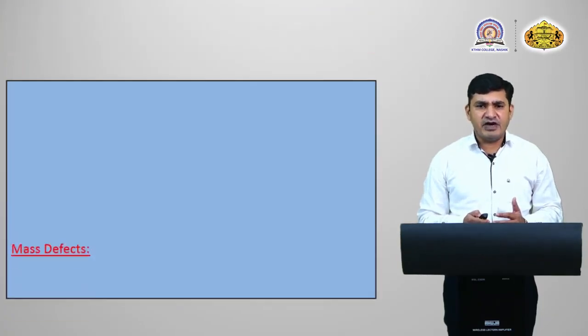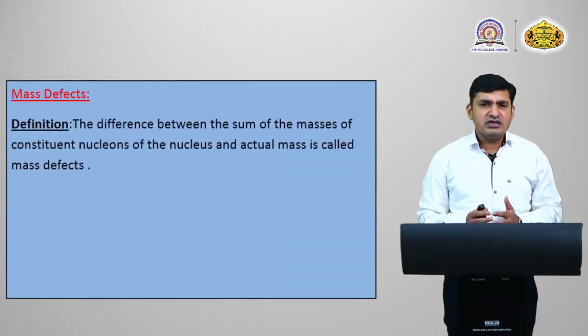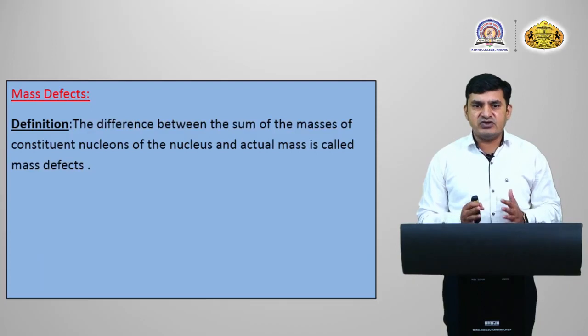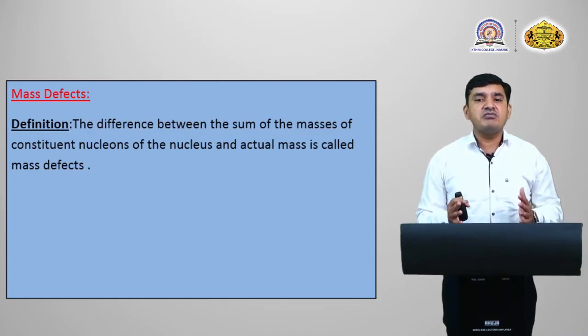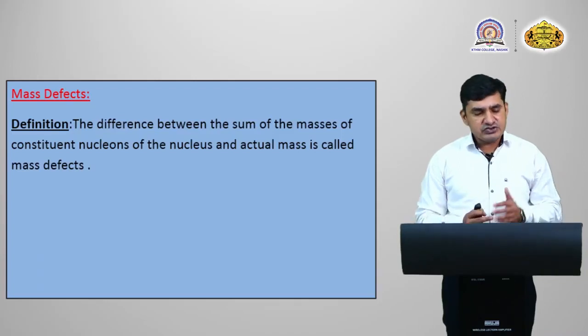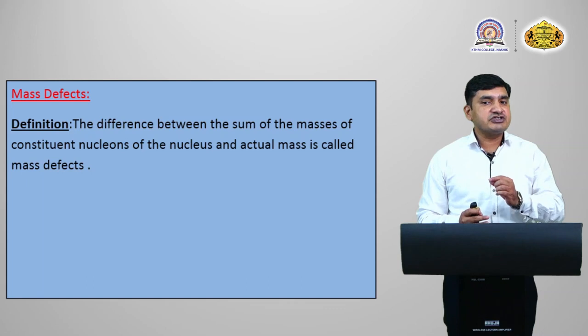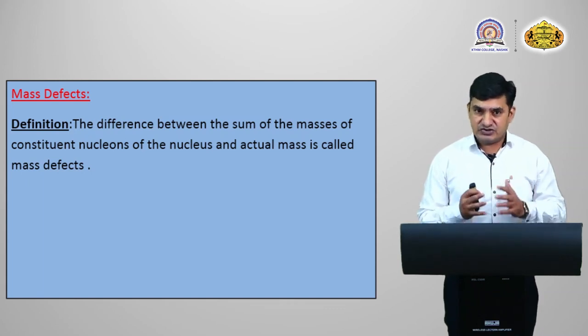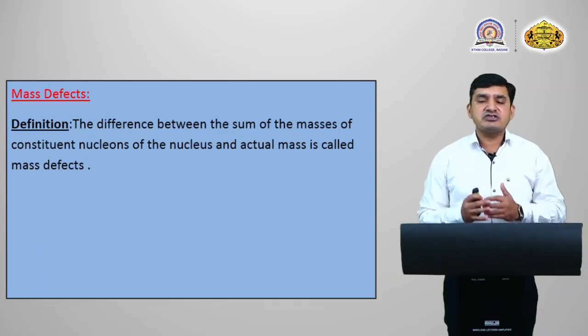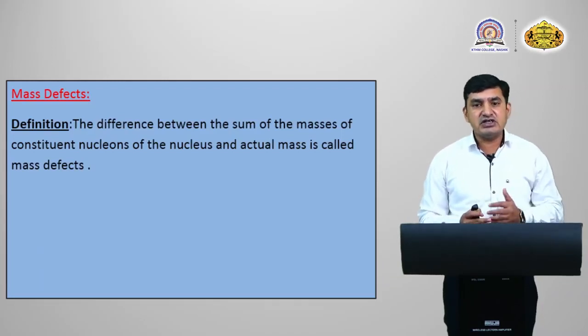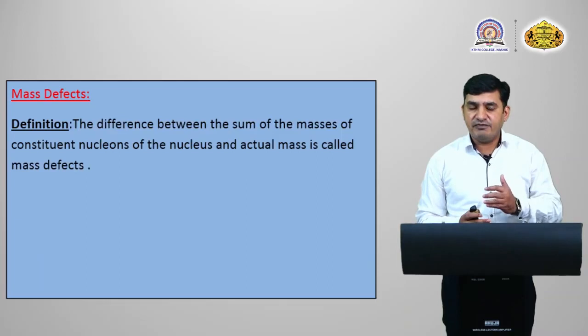So mass defect. We know that there is a difference between the sum of masses of the constituent nucleons of a nucleus and the actual mass of a nucleus. So the difference between the sum of constituent masses of the nucleons and the actual mass of a nucleus is the mass defect.